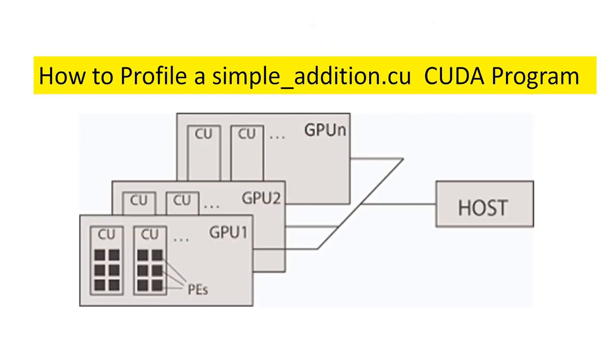So usually when we do profiling on a particular program, let's say symbol_addition.cu, it will be running from the host, and there could be multiple GPUs in parallel.